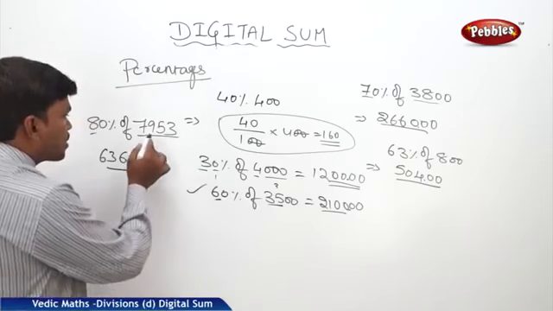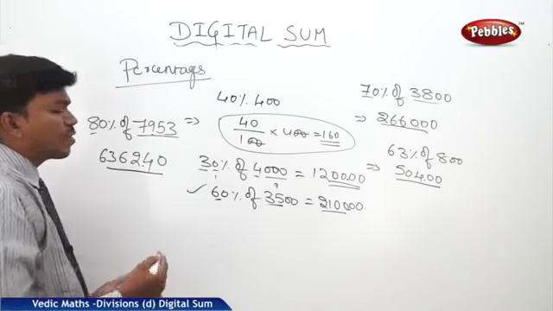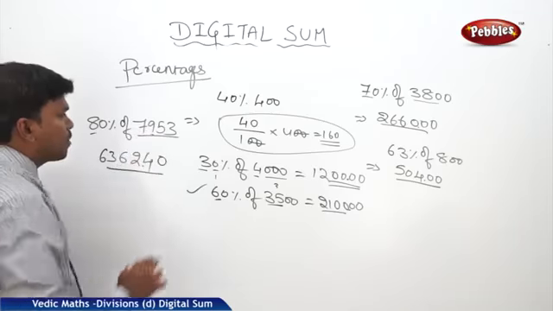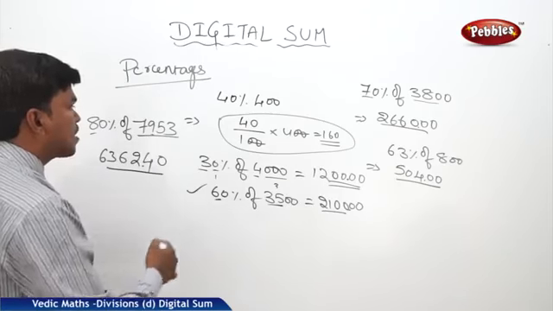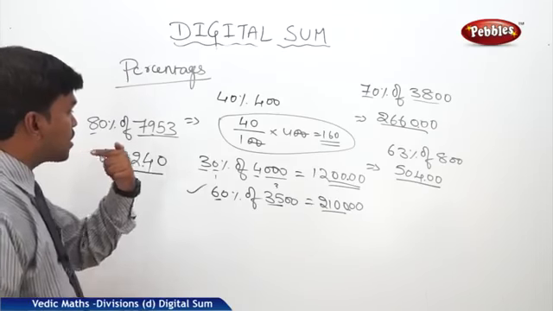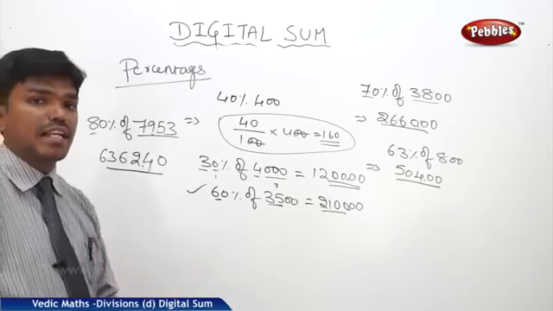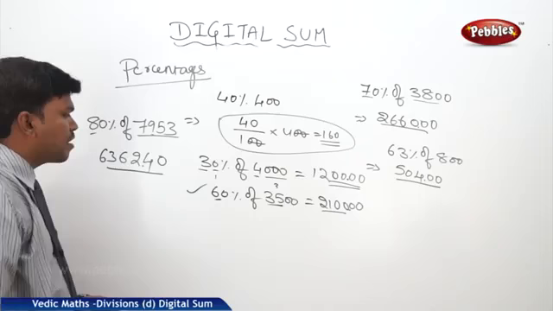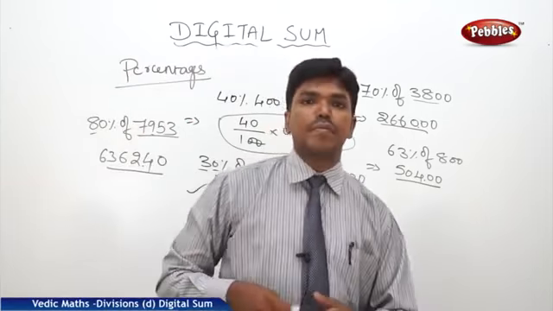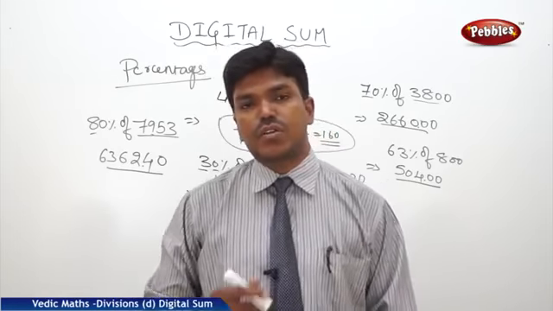So 56,000 plus 7,200. 56,000 plus 7,200 is how much? 63,200. 63,200 plus 400, 63,600. 63,600 and 600 plus 24 is 6,624. Even like that, you can calculate in the mind. So what is your answer? 6362.4. So like this, even the calculations of percentages will become easy when you apply the shorter, faster techniques of Vedic maths.